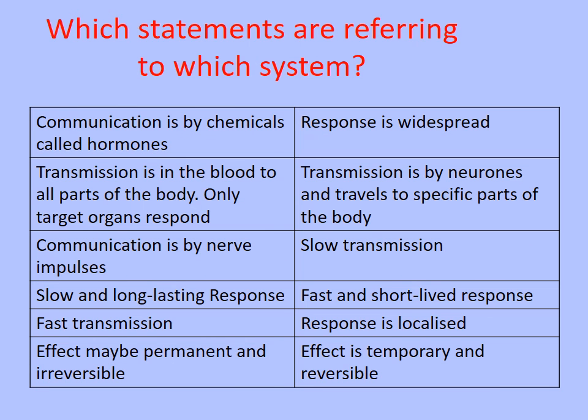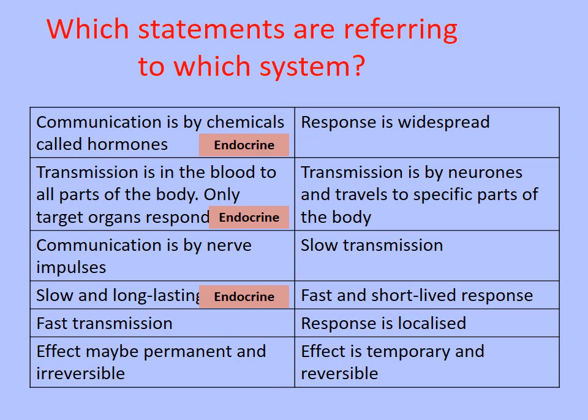Right, have a look at this table. You need to colour code it in the booklet, or you can just use the letters N and E, up to you, or copy out the table, whichever way. So we'll run through the endocrine system first of all. So hormones is of course endocrine. Only target organs respond, endocrine.